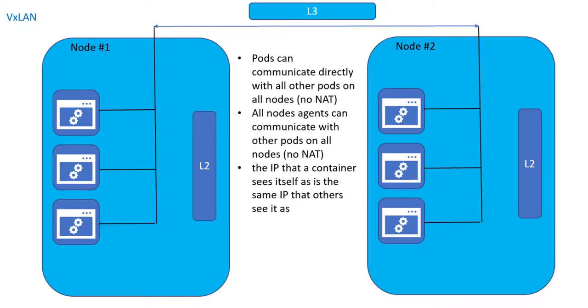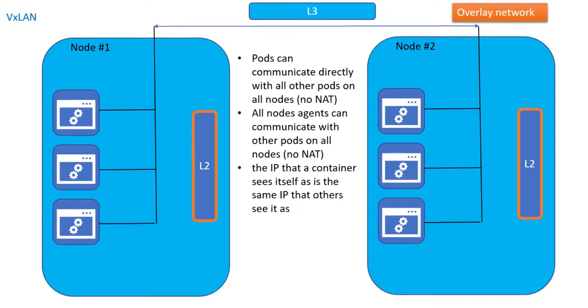So everything that has IP can be used here to spread this layer 2 network over different sides of this channel. VXLAN also has the concept of an overlay network. So this is the network that is laid over different nodes, connecting all the endpoints in a layer 2 network.